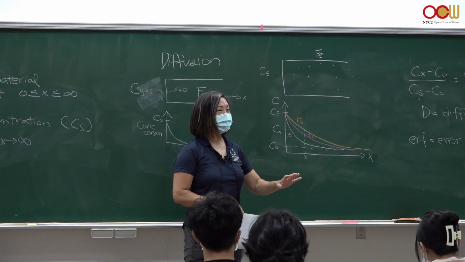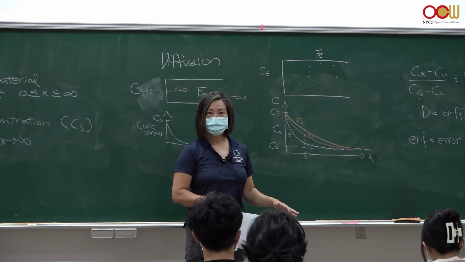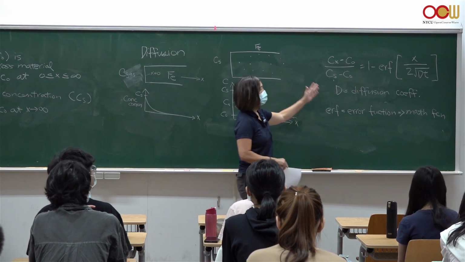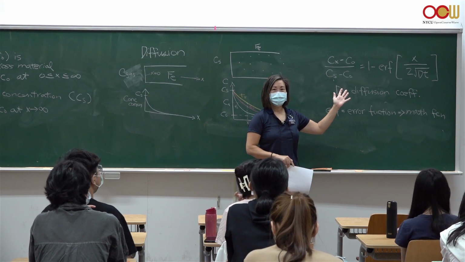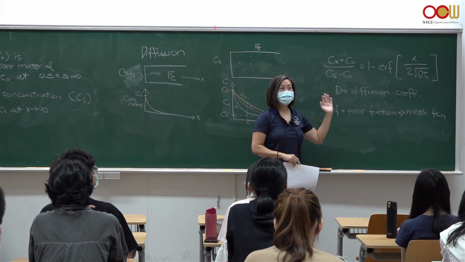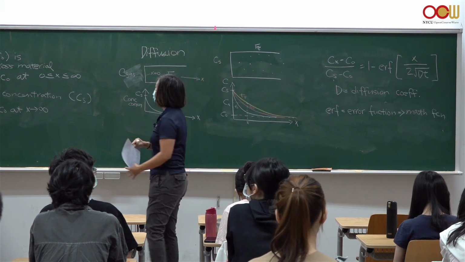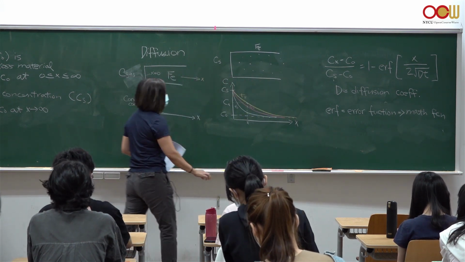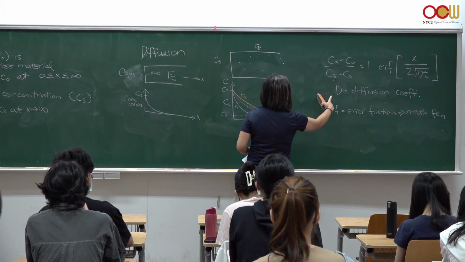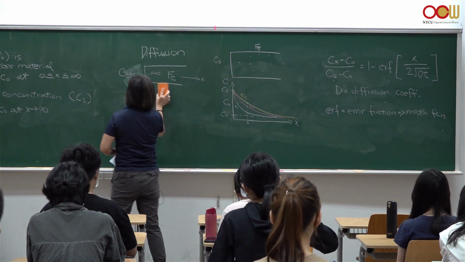But it doesn't tell us anything about temperature, right? Nowhere in this equation do we see T, temperature. But we know we need energy to have diffusion. So where does this energy come from? It goes into the diffusion coefficient.